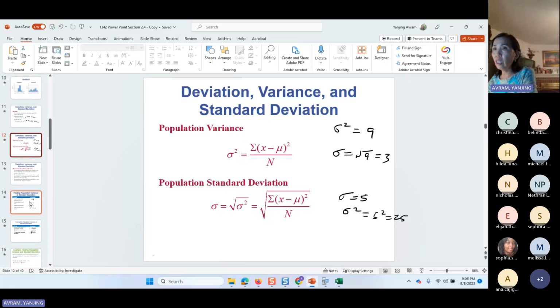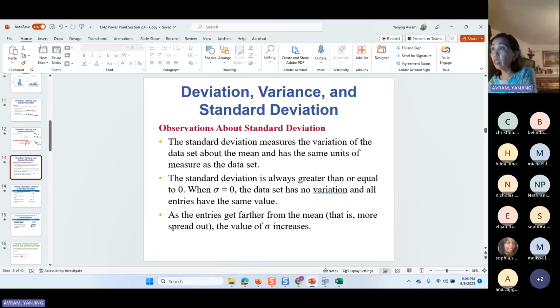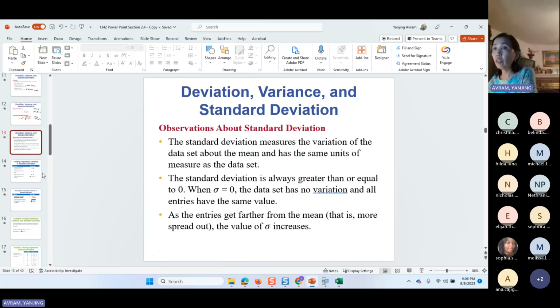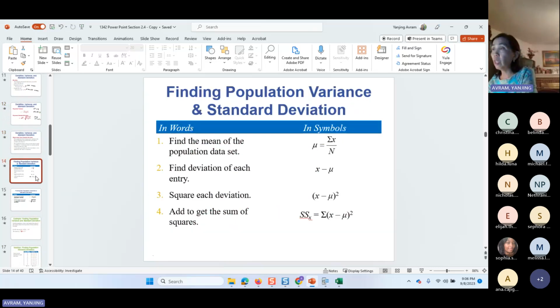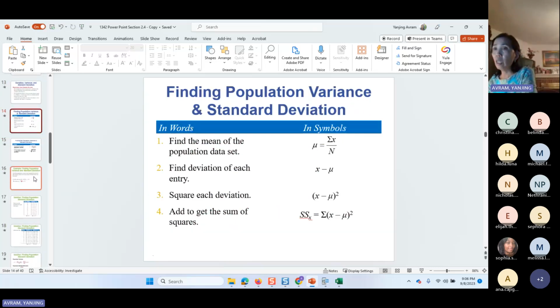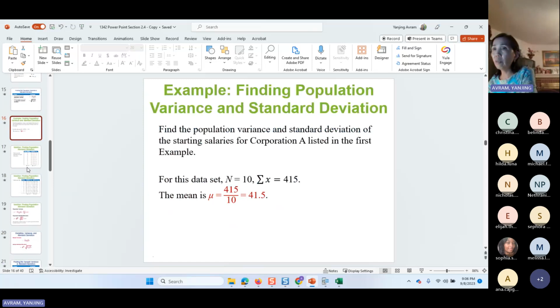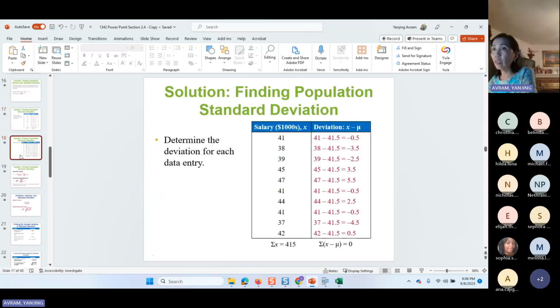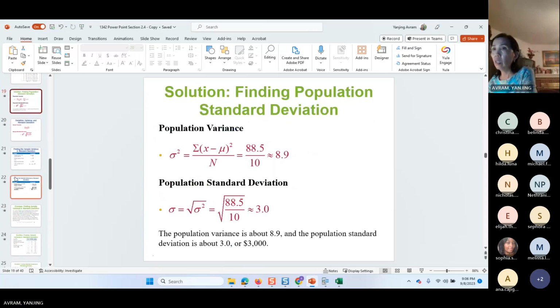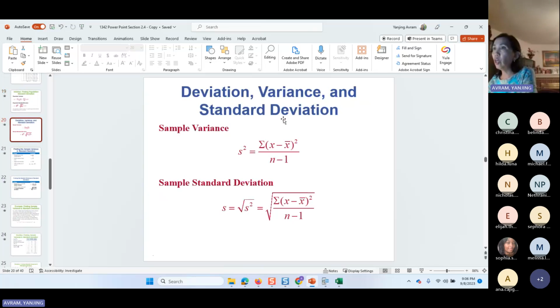All right, so that is the standard deviation for the population. If it's for the sample, that's the only thing different. If the data is from the sample, everything else is the same except you divide by n minus 1.